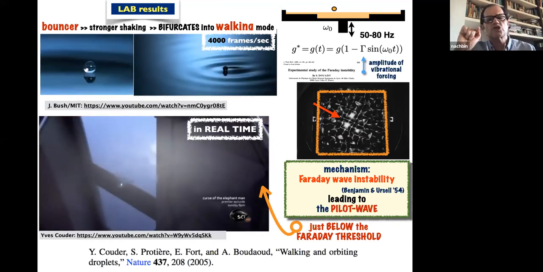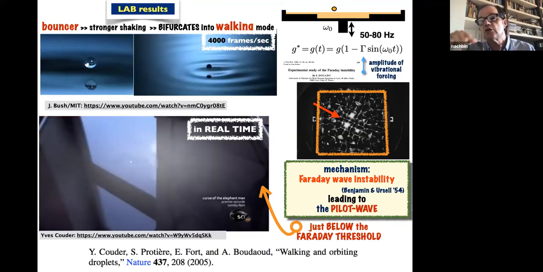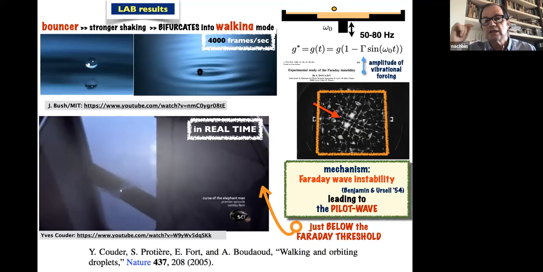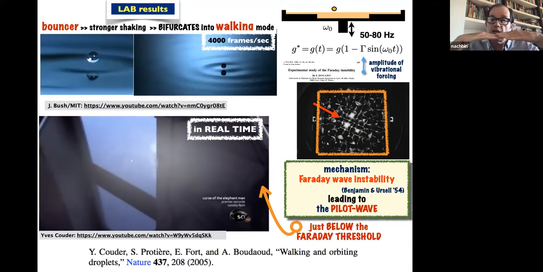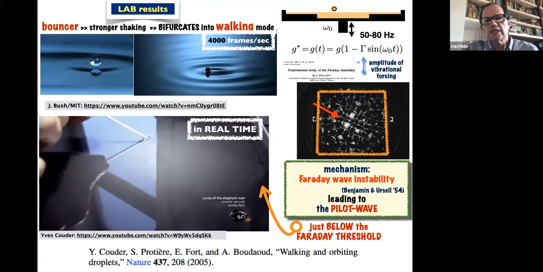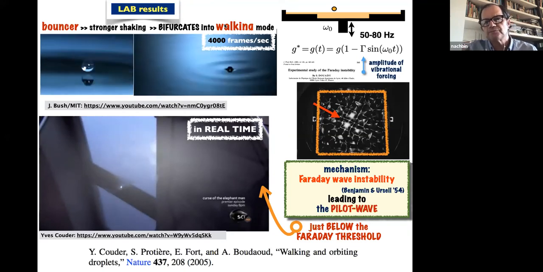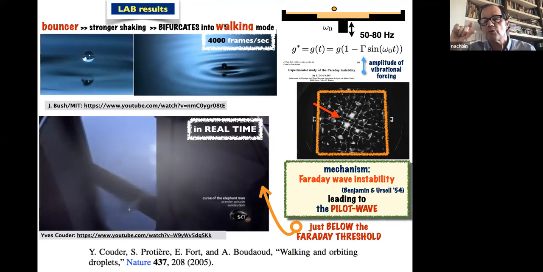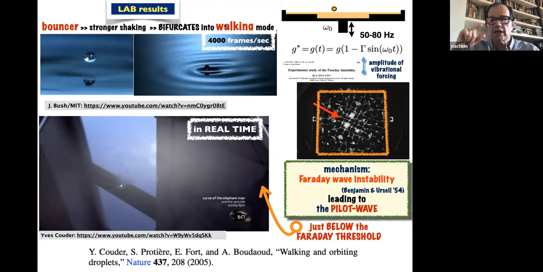And the Faraday threshold, the bifurcation mechanism, is governed by what you see here, a sort of oscillatory gravity. This is going to appear in our differential equation, basically because we're in the reference frame of the container, so the gravity oscillates as we go up and down. And capital Gamma is the important parameter for bifurcations, for bouncing, walking, and so on.